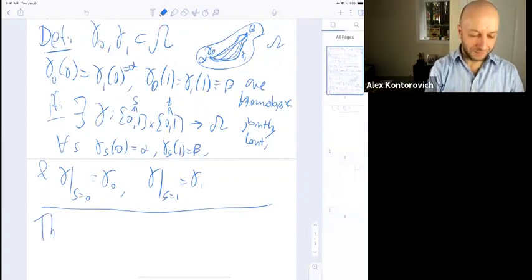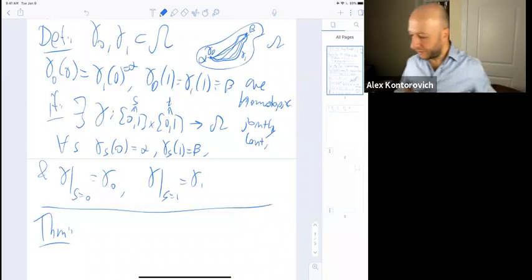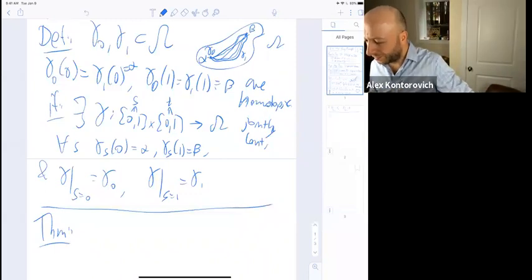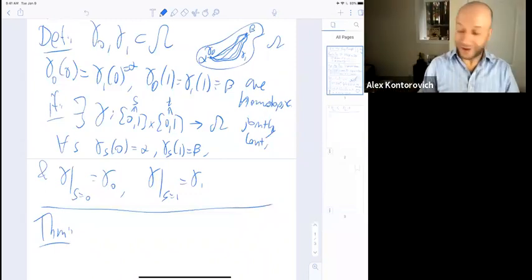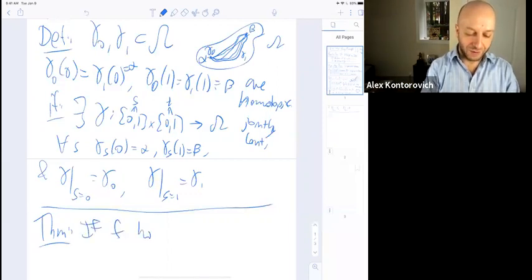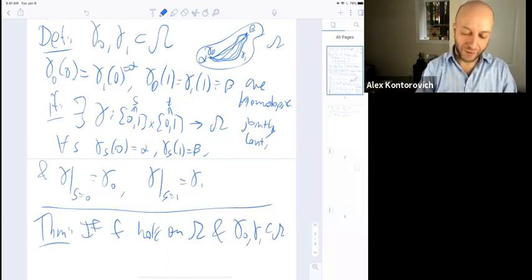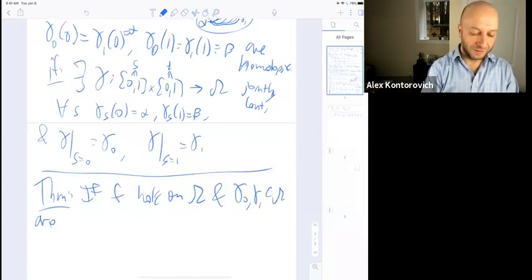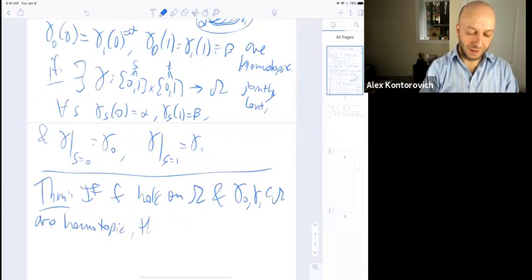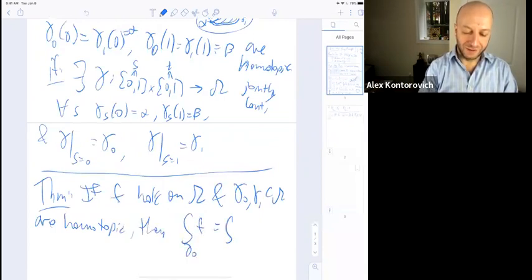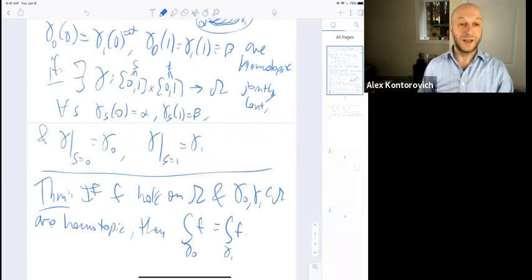And theorem. Did we state this theorem, or am I stating it for the first time? It doesn't matter. It's not so hard to state a theorem. If f is holomorphic on omega, and two curves gamma 0, gamma 1 in omega are homotopic, then the integral of f over gamma 0 is the same as that over gamma 1.